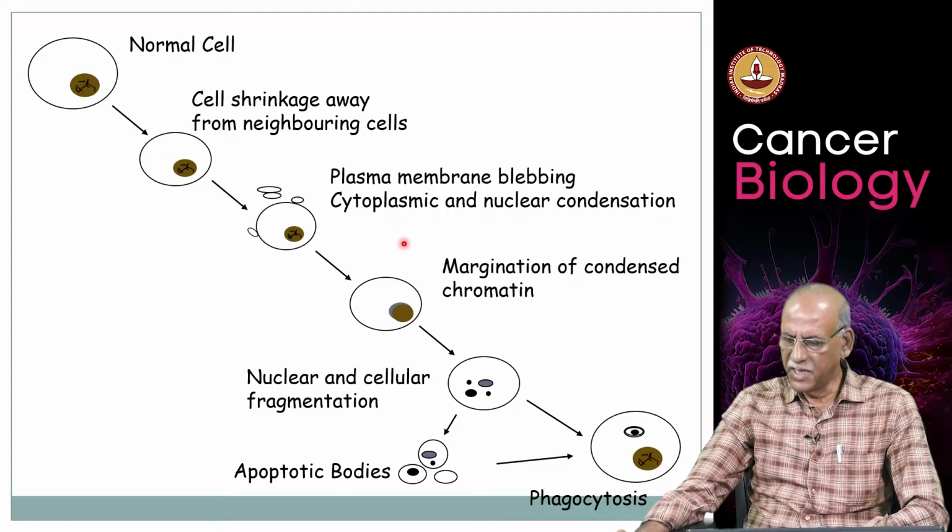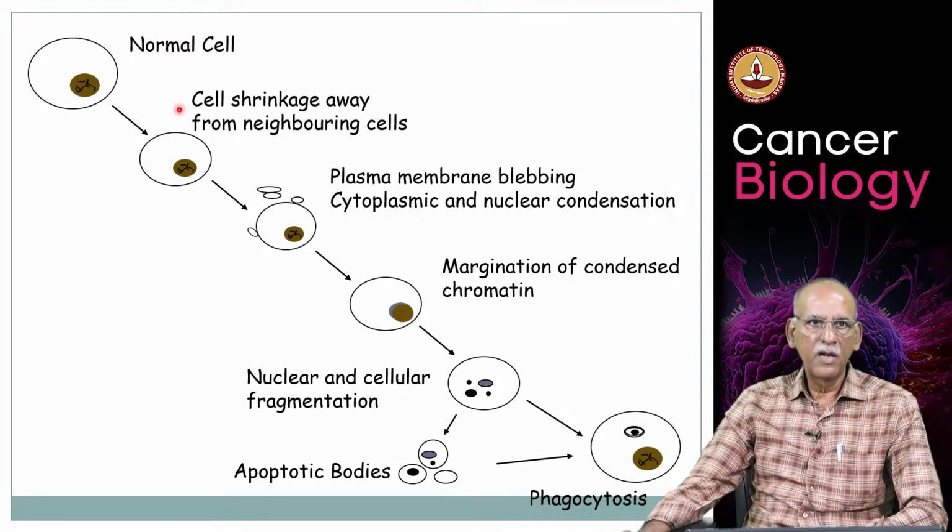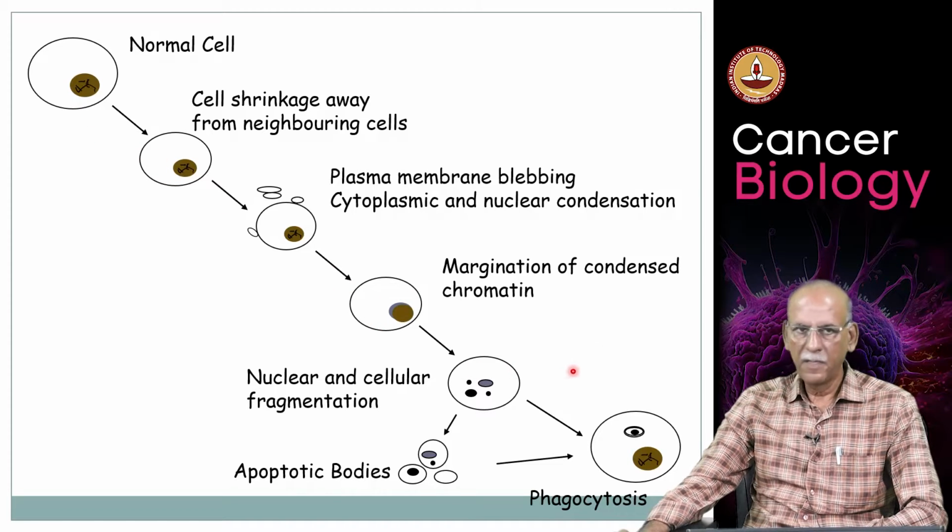These are some of the sequence of changes that occur when a normal cell becomes an apoptotic cell. So, first thing is cell shrinkage away from neighboring cells. So, you see the nucleus is coming to one side and then, as I told you, some blebbing and cytoplasmic and nuclear condensation happens, margination of the condensed chromatin, that is what I told you, it goes to one end.